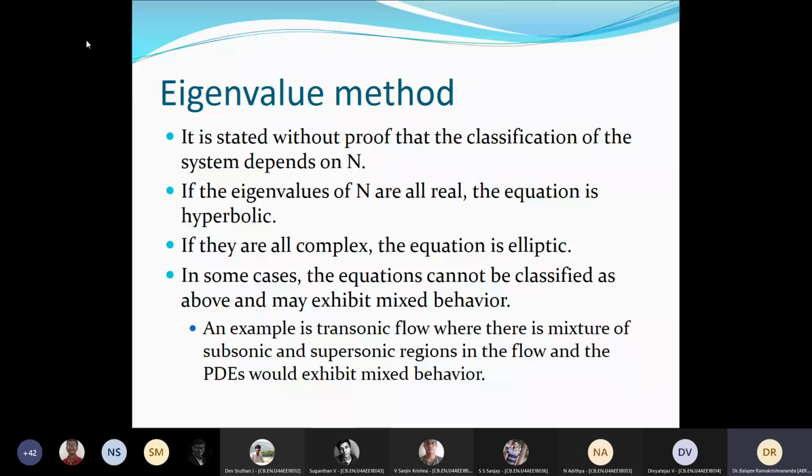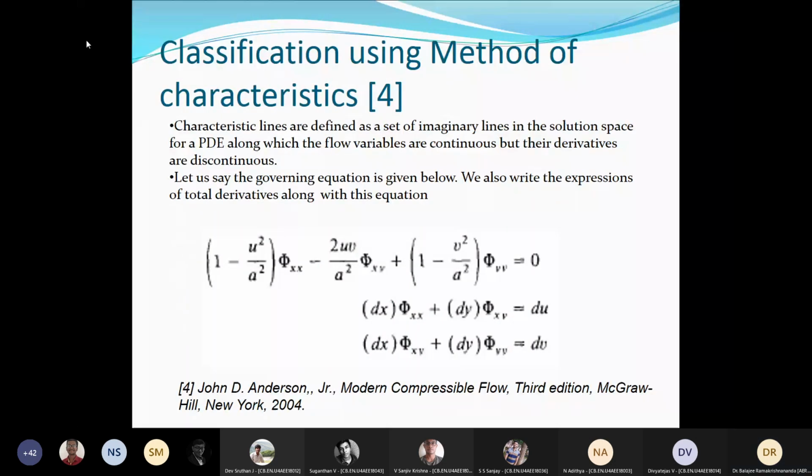It can exhibit mixed behavior. In general, you can say even subsonic viscous flow is hyperbolic, but you can make it parabolic and have an approximation near the boundary layer. So you get something called the parabolized Navier-Stokes equation, PNS equation.